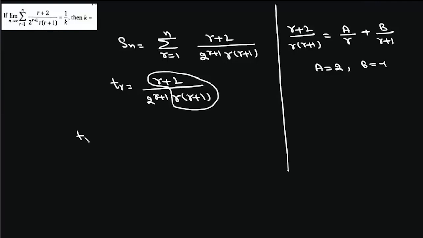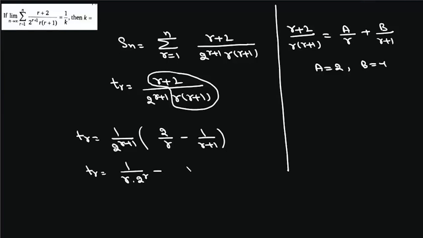So we can write this rth term as 1 upon 2 to the power (r plus 1), and this is 2 upon r minus 1 upon (r plus 1). So this rth term will be 1 upon r into 2 to the power r minus 1 upon (r plus 1) into 2 to the power of (r plus 1). So that's your general term. Now we'll put r as 1.